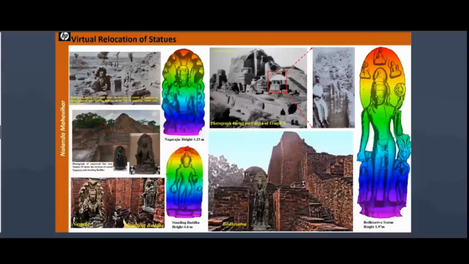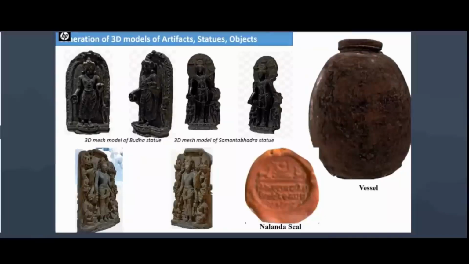We can also generate 3D models of various artifacts that are present after the excavation in the museum. These are some of the artifacts which we have taken from the museum. This is the Nalanda seal. When the excavation was carried out, after many years, the archaeologists were able to say that this is the Nalanda site, when the seal of the university was found at that site.